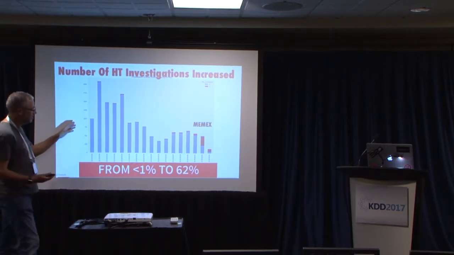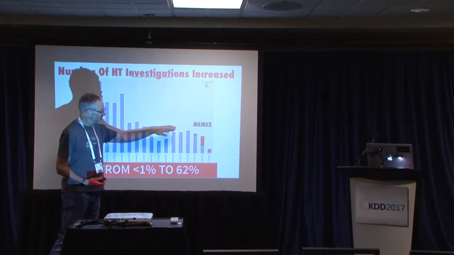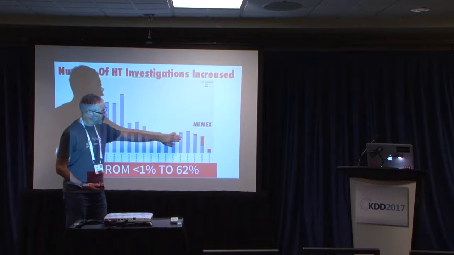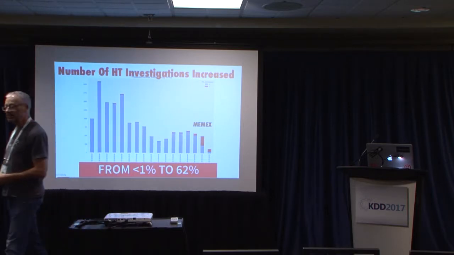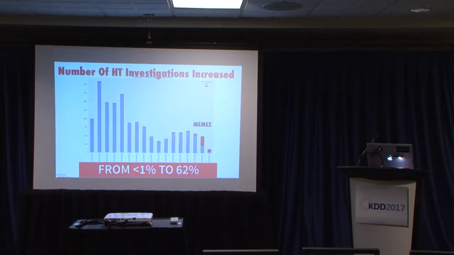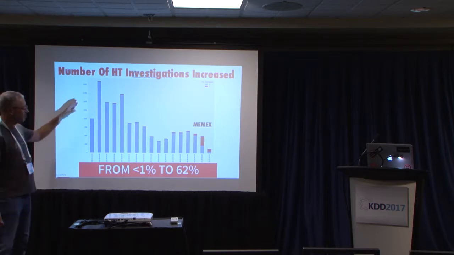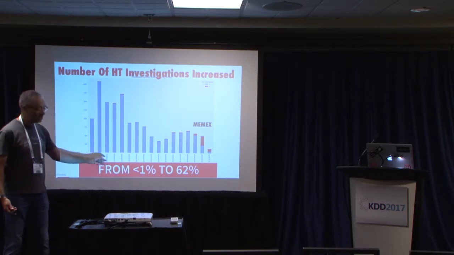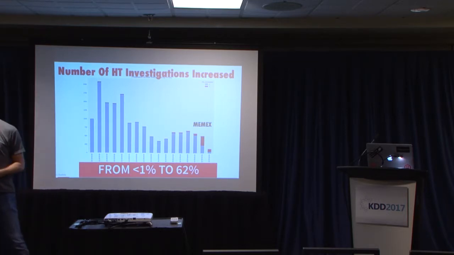And so actually the number of cases that they got is much smaller, but the number of cases that they actually investigate is huge compared to what they were doing before. It's over 62% now, where it was less than 1% before.